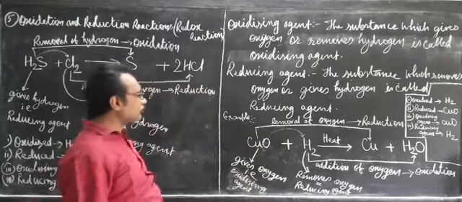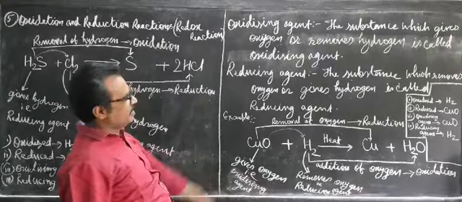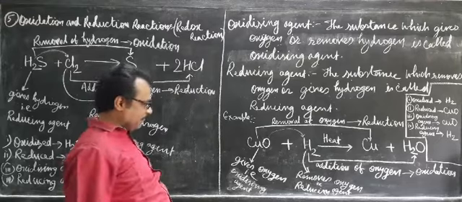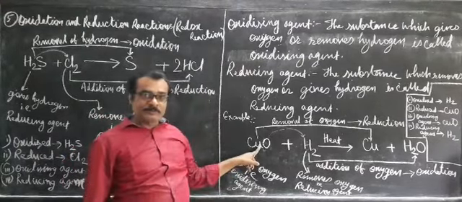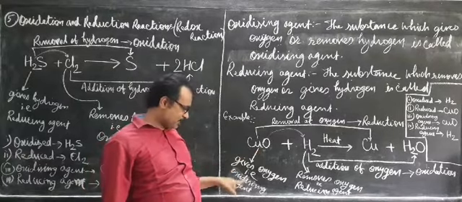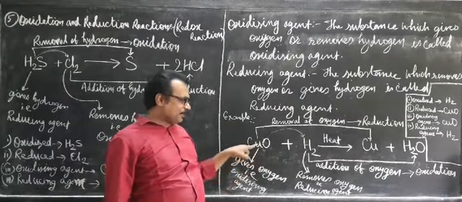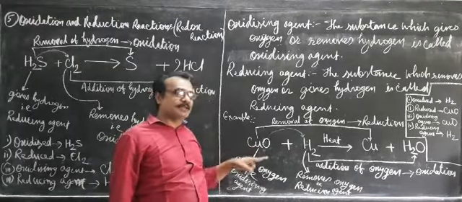Now I'll give you another definition of the oxidizing agent and reducing agent, a very simple way to identify them. Reduction is taking place with the copper oxide. So anything which undergoes reduction is an oxidizing agent.